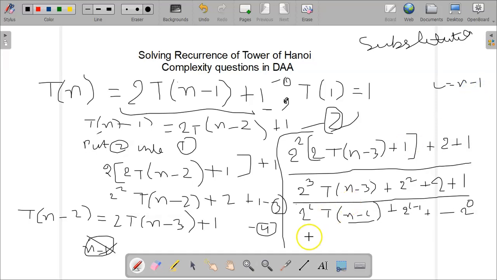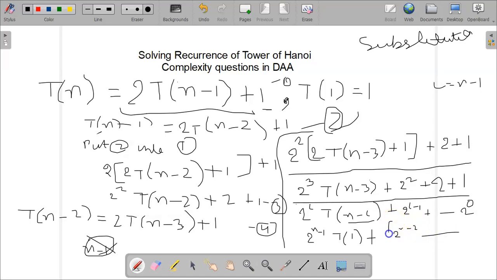When we put this here, we get 2 raised to the power of n-1 times T(n-(n-1)), which gives T(1). Then the next term becomes 2 raised to the power of n-2, and the whole series will be there.